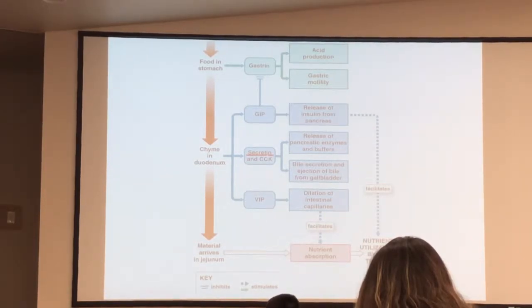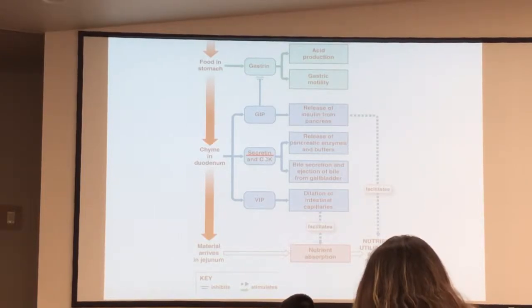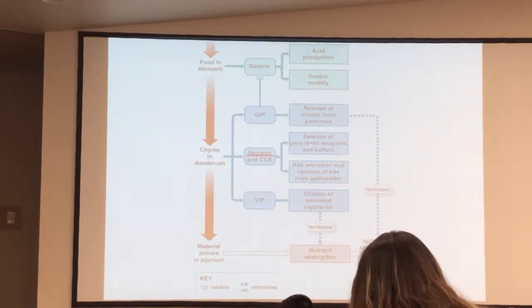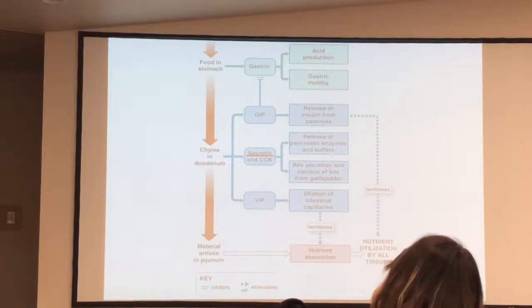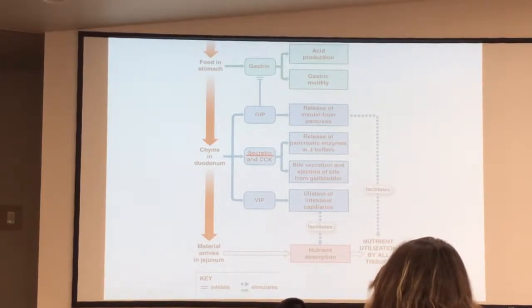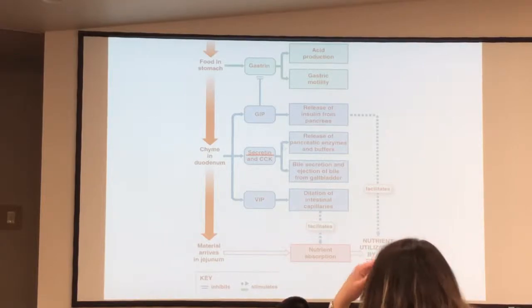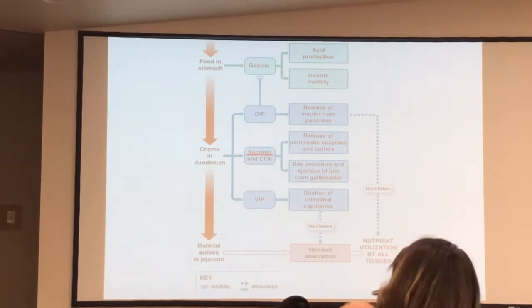Secretin and CCK look like they are doing the same thing, but actually they are separated with a line. Majorly, secretin helps with enzyme and buffer. CCK has a little bit of that function, but majorly it contracts the gallbladder, releases enzymes, and releases the sphincter for bile to come out.